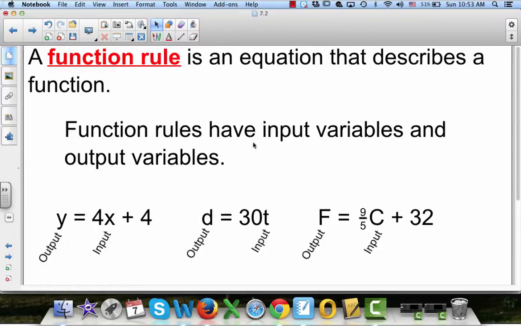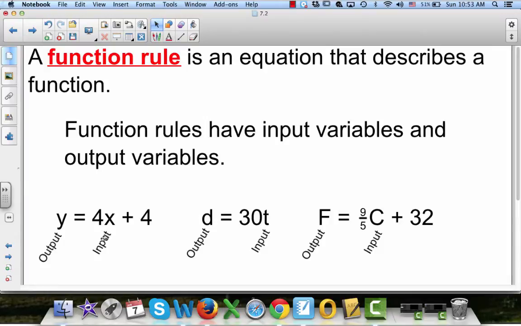Function rules have input variables and output variables. Maybe you've been used to just having one variable. Now you're going to have two variables. But you're going to be given the information to be able to solve for the variable that you need. The output variable is the y. The input variable is the x.